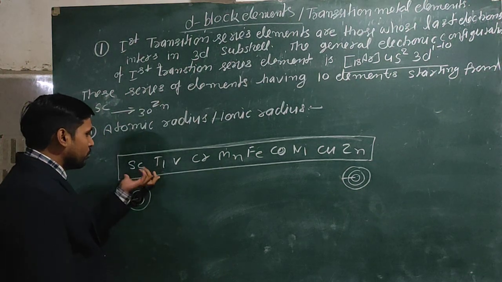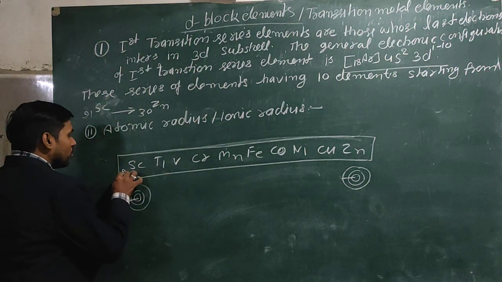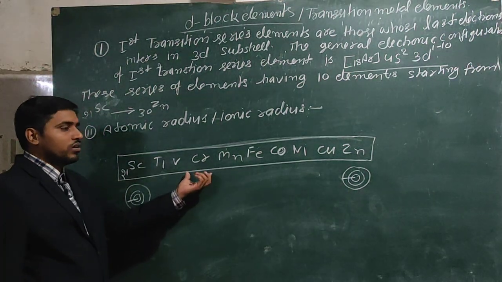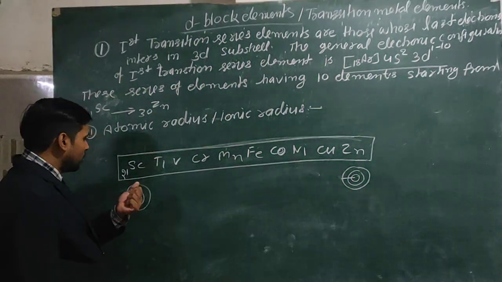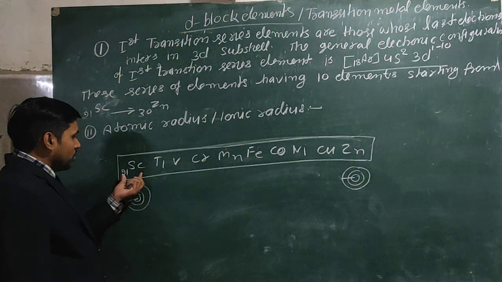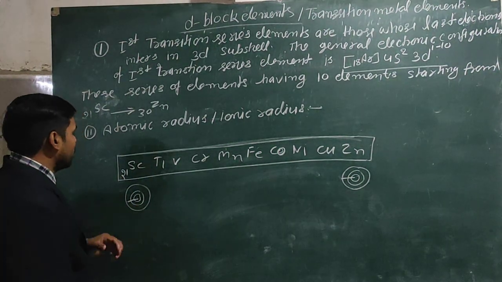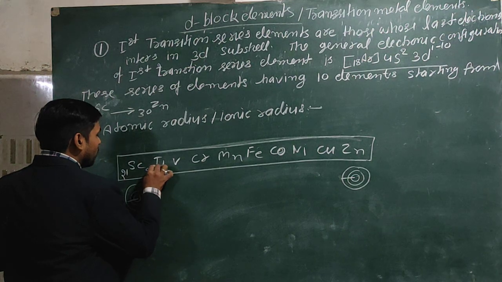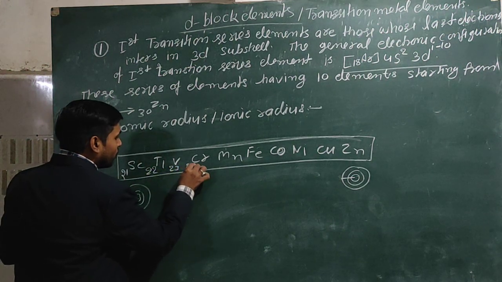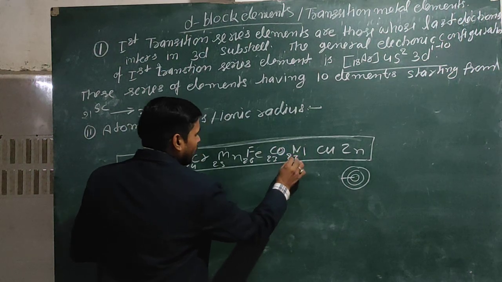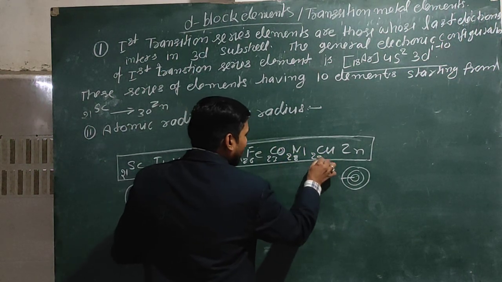But the number of electrons increases, and if the number of electrons increases, the atomic radius decreases. 22, 23, 24, 25, 26, 27, 28, 29 and 30.